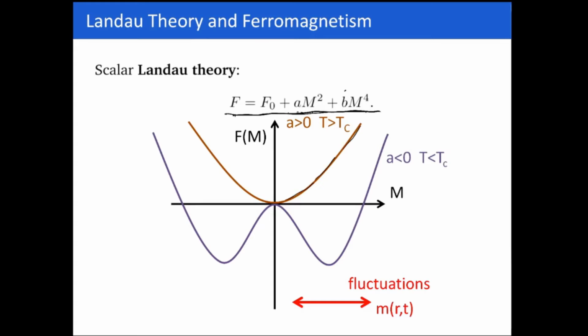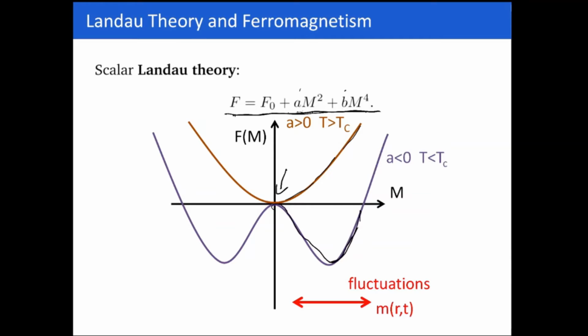And that would mean that the lowest free energy state would be the state with m equals 0 here. So as you lower the temperature, then in Landau theory, this A would change sign, and you would get a curve that looks something like this purple curve.